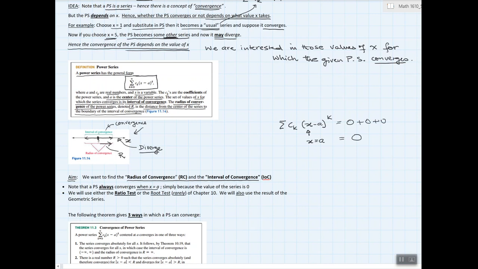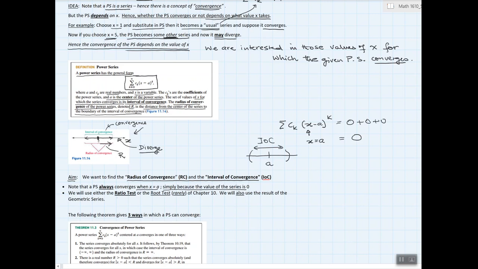So the power series always converges when x equals a, because the value of the series is simply 0. But of course, suppose this is a, we are interested in finding this interval of convergence.